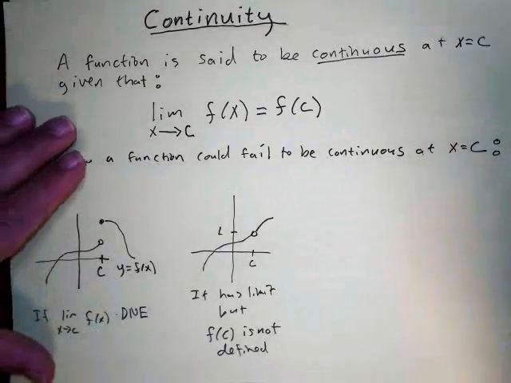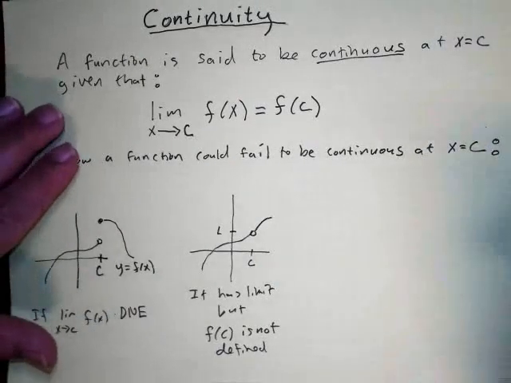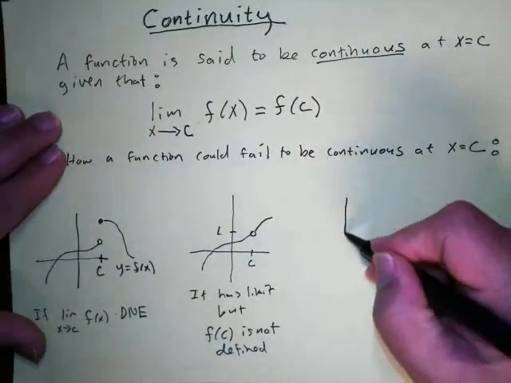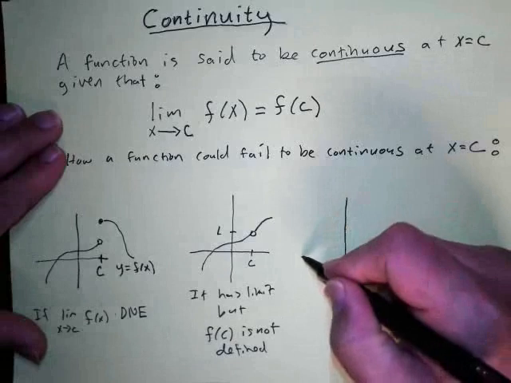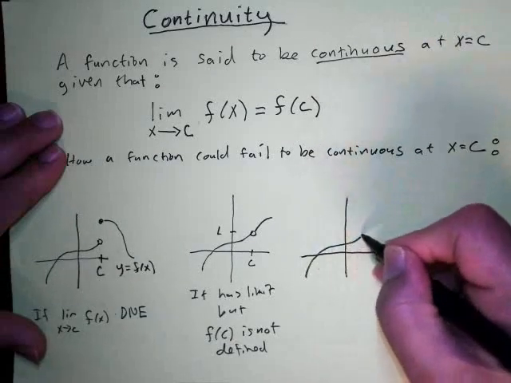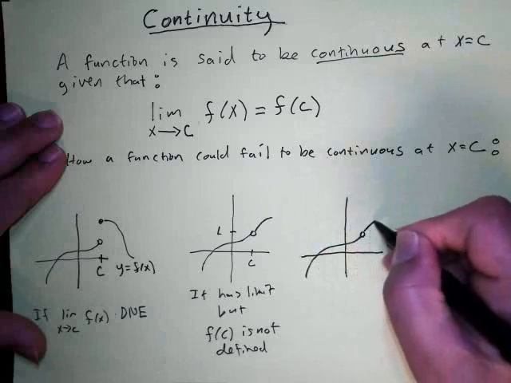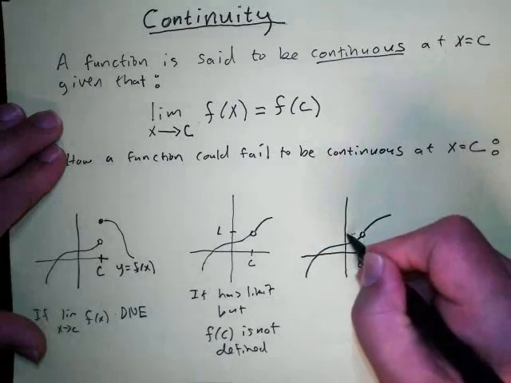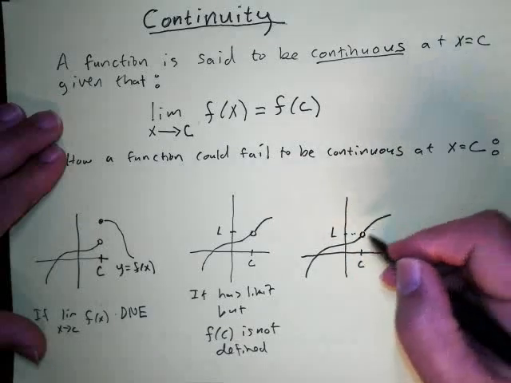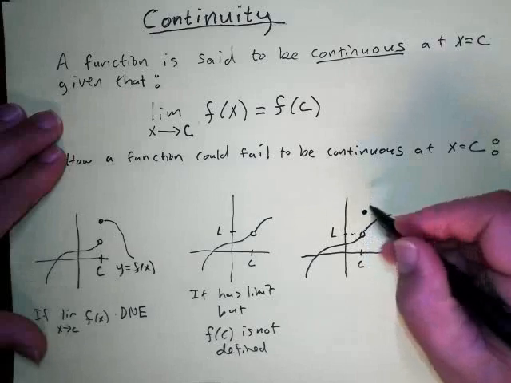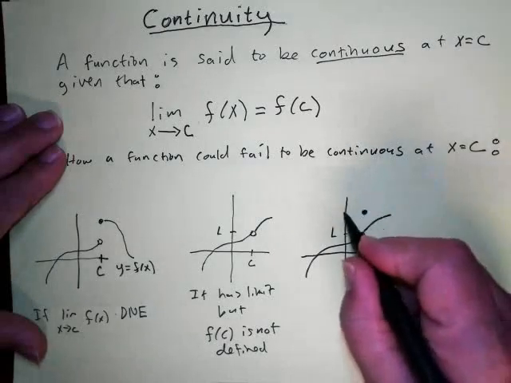Okay? So, but you could actually have a limit and the function could be defined at that point and it still not be continuous. So let's see why this is. So let's say you have a hole here at c, right, and it's approaching L. Okay, but let's say at c the function is defined to be this point right here.